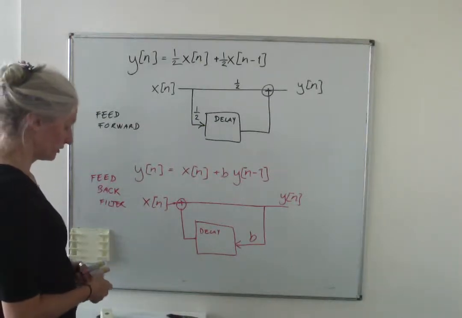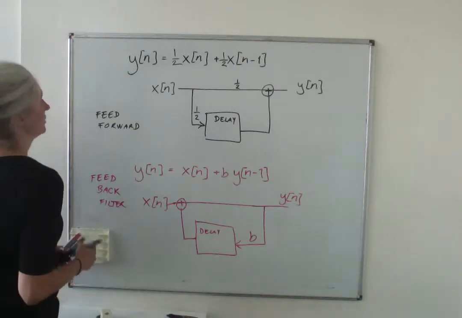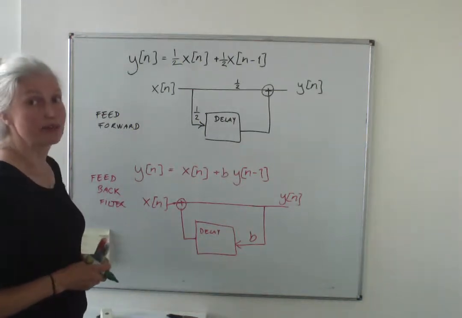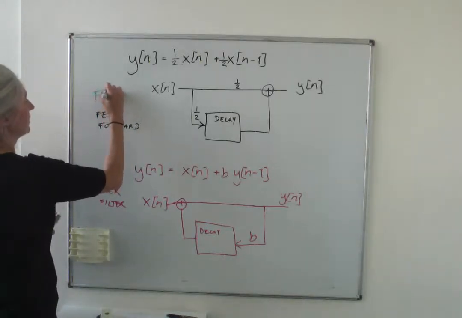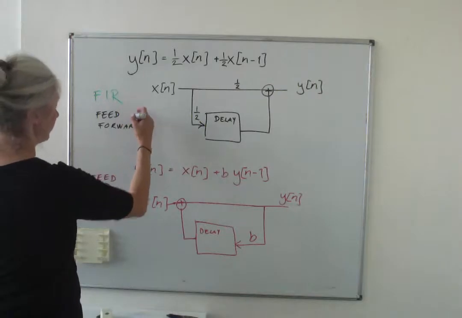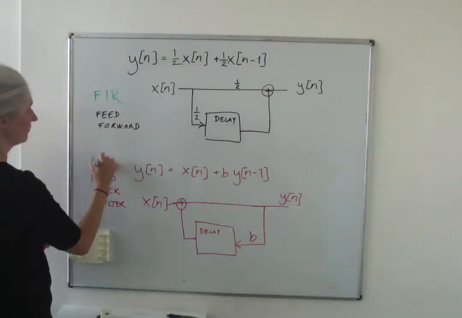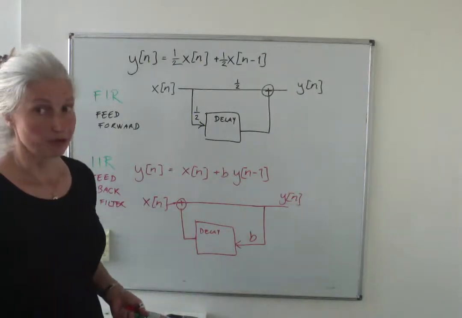Now these two also have different names, and that has to do with their impulse responses. So this one is a finite impulse response filter, a FIR filter, whereas this one has an infinite impulse response. And what is an impulse response?